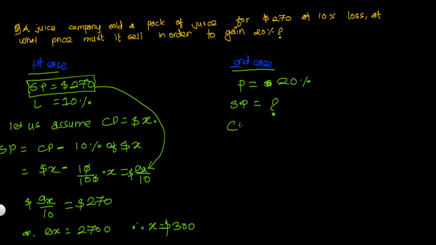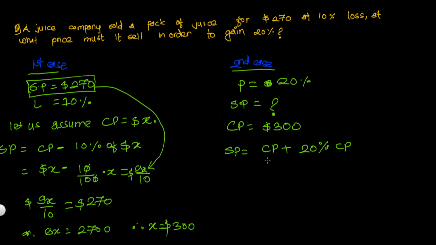Now we have the CP over here, which is $300. Now to gain 20%, what must be our SP? In the second case, SP is nothing but CP plus 20% of CP, because the juice company gains a profit of 20%, so our SP must be greater than CP by 20%.